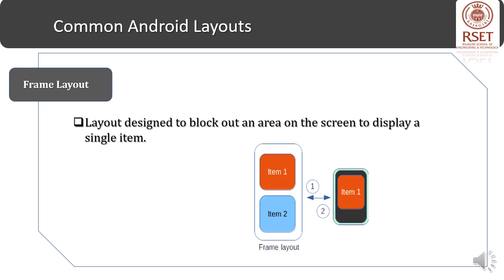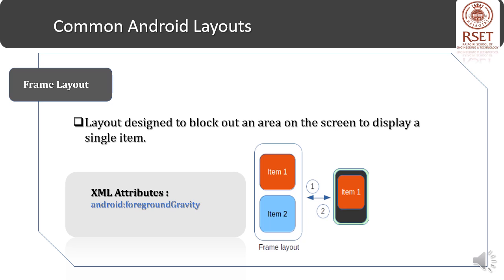This picture depicts that I can view item 1 and item 2 in a single frame if I am using frame layout. Now the XML attribute supported in frame layout includes Android foreground gravity. This defines the gravity to apply to the foreground drawables.